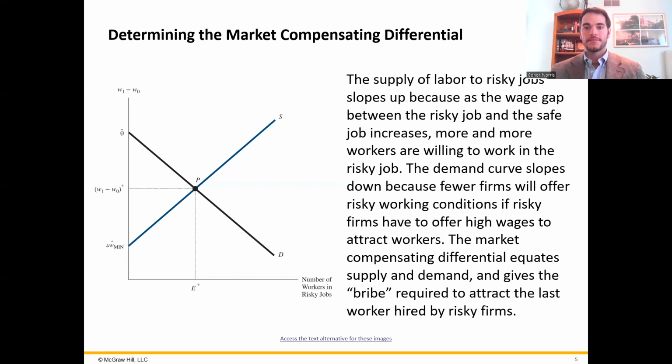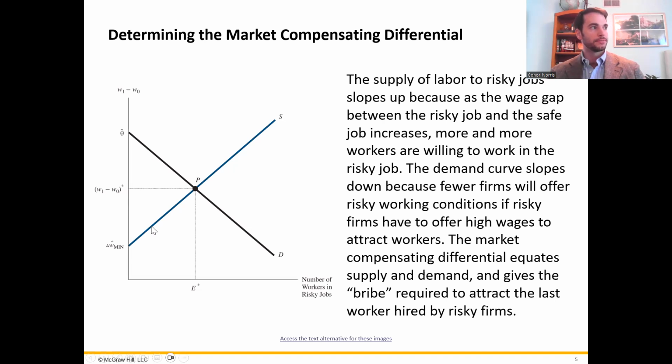So what's important to note is that this compensating differential is the reservation price for the marginal worker. So it's how much it takes for that last worker to take that job, to bring the market into equilibrium. It doesn't have anything to do with the overall distaste for risk in the entire population. Don't think of this as some sort of average, like we're tempted to. Each worker before the marginal or the last worker in these risky jobs is overcompensated in a way.